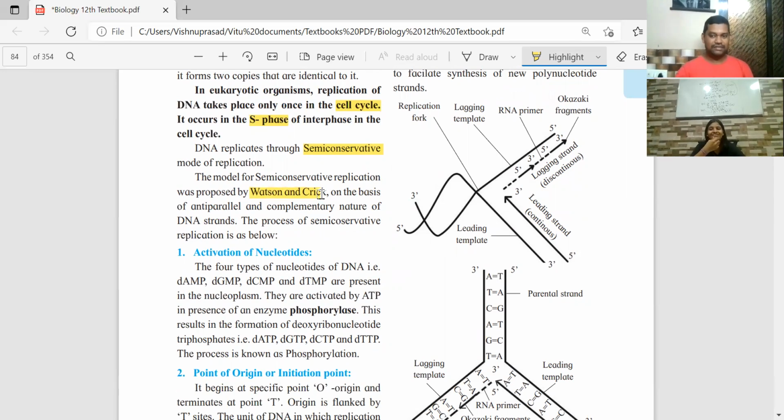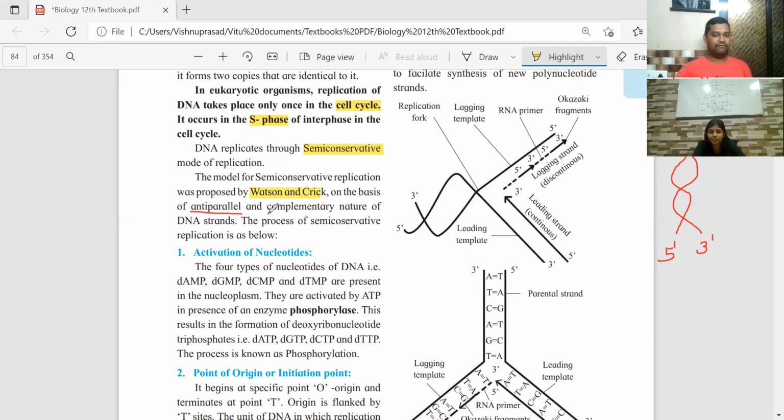See, basically, if this is the DNA, a double stranded DNA, you know the structure. One strand is from 5 prime to 3 prime, and the other strand is from 3 prime to 5 prime. Opposite in direction but parallel to each other, so we call it anti-parallel.